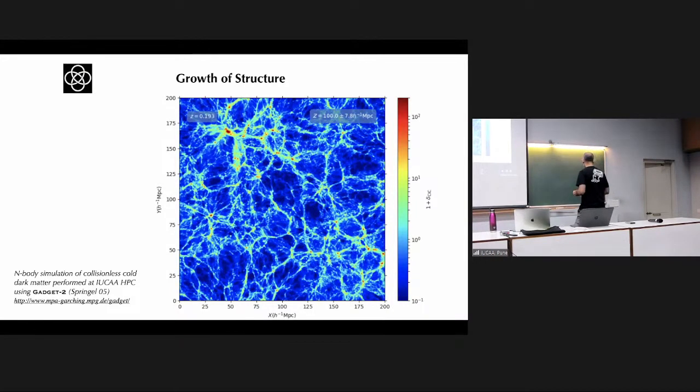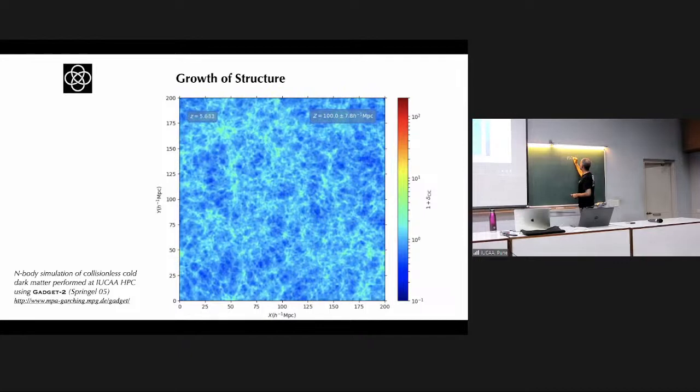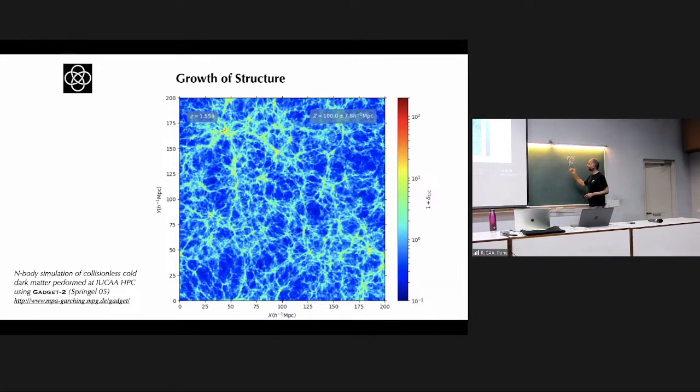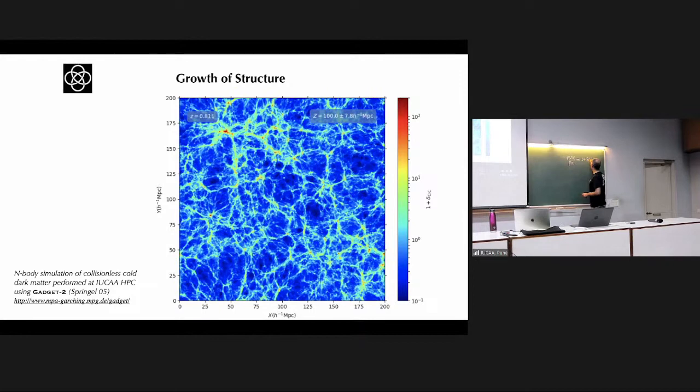The reason I write 1 plus delta is that at any given point, if my density of mass is rho of x and t, I can divide it by the mean density of the universe at that time, and I define this to be the dimensionless quantity 1 plus delta of x and t.